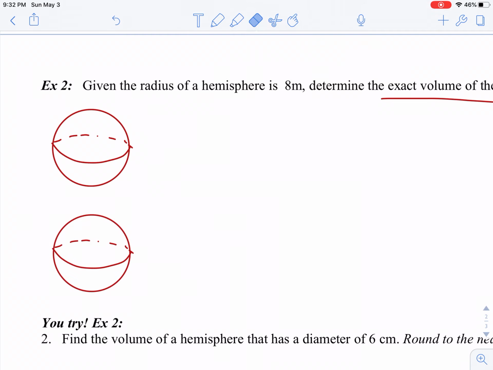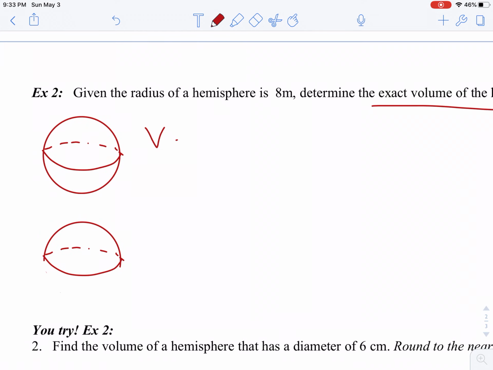And then I would get rid of half of the sphere, right? I would just leave the top or the bottom. I'm going to leave the top half of the sphere. And so now it is half of a sphere, right? That is my hemisphere.